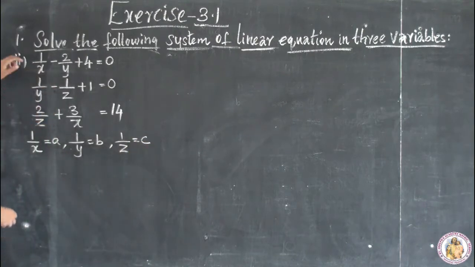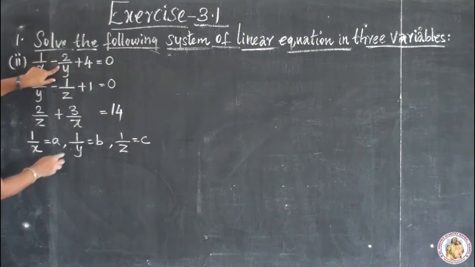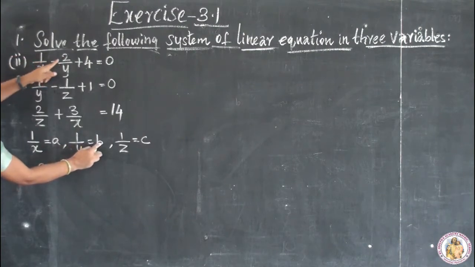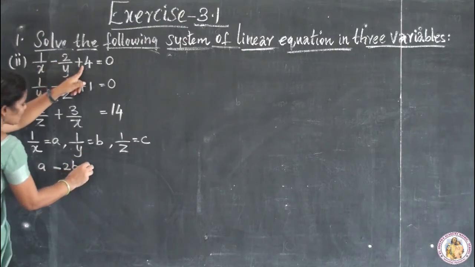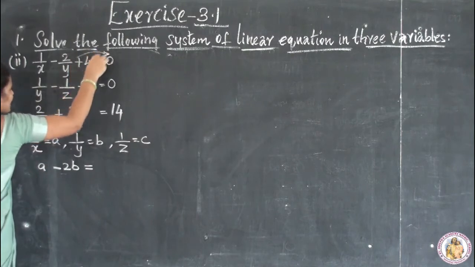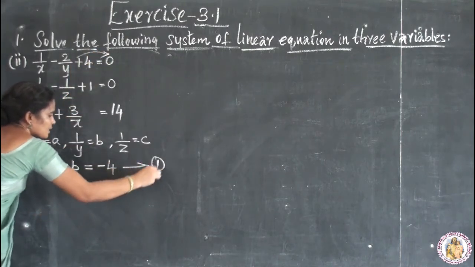Okay. Now 1 by x, so we can take as a. Here we have only 1, so write a. And minus 2y, so it is b, minus 2b, plus 4, and it moves to the right side, goes as minus 4. Taking this as the first equation.